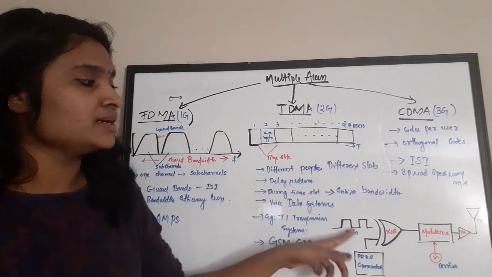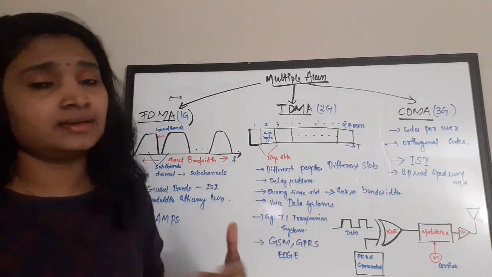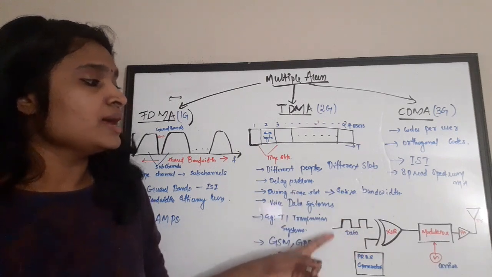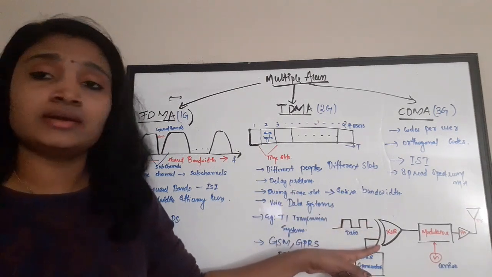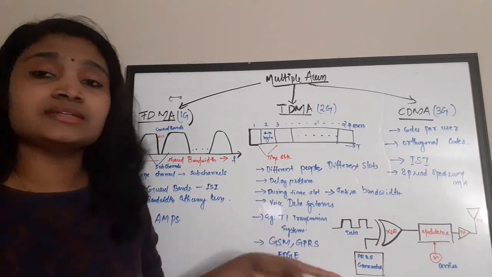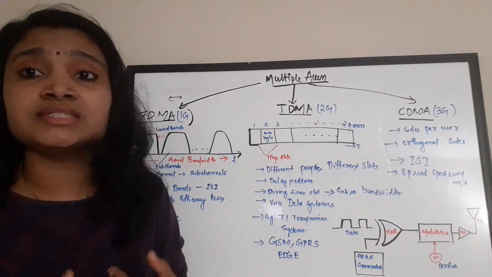Okay, so this is the data which one user wants to send. Some other user may want to send other data. I'm just drawing a diagram or a waveform, and this data is XORed with a PRBS sequence. PRBS means pseudo-random binary sequence.